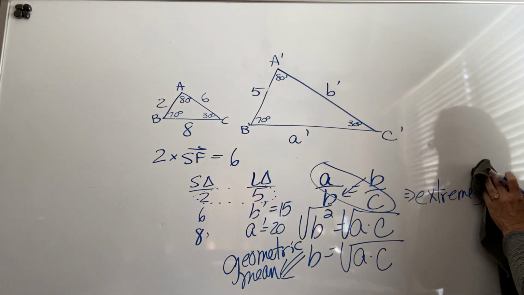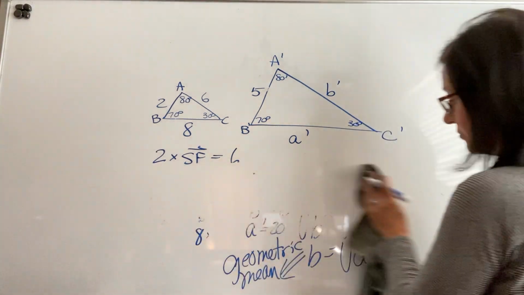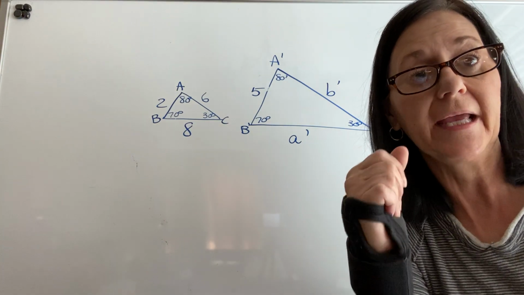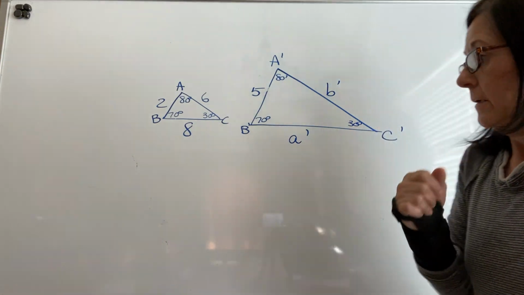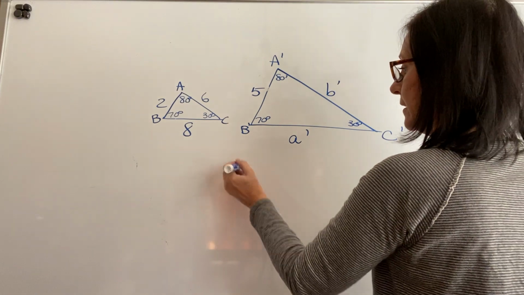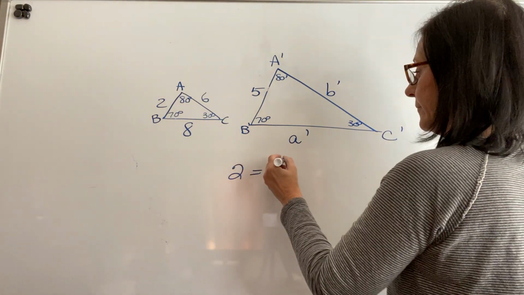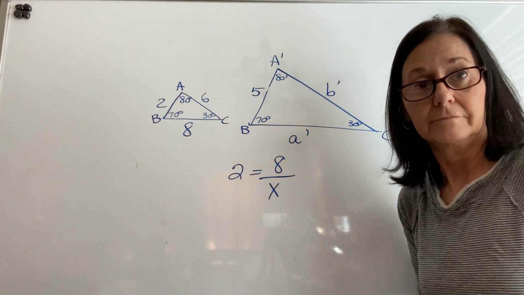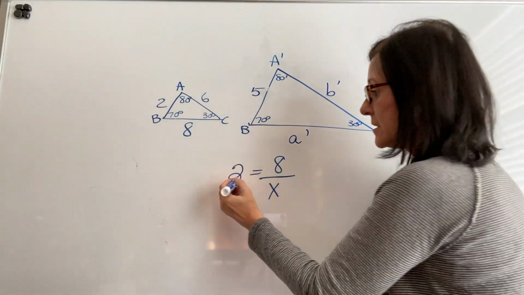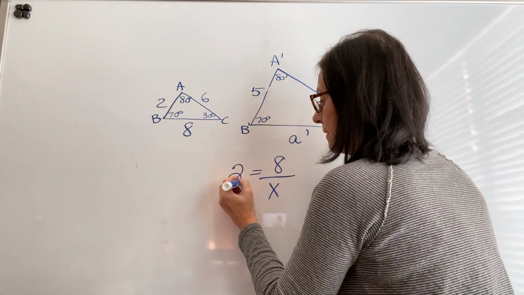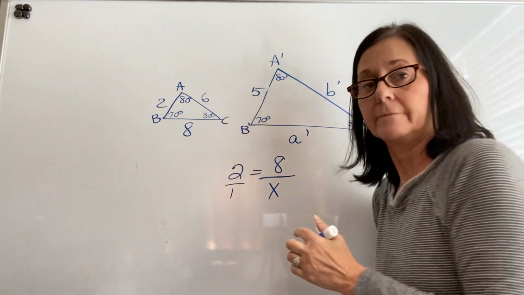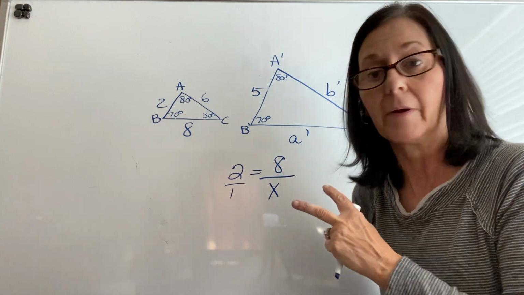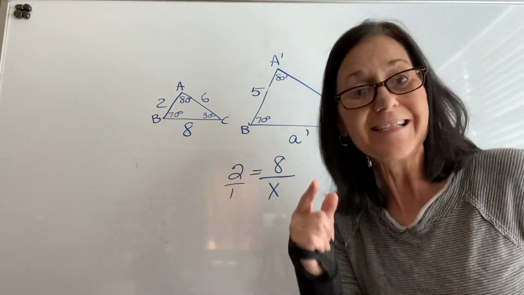This is going to be a very important concept as we move forward, because I can swap my extremes. If I have 2 equals 8 over x, this is really 2 over 1. So 1 and 8, 1 times 8, those are my means. 2 and x are my extremes.